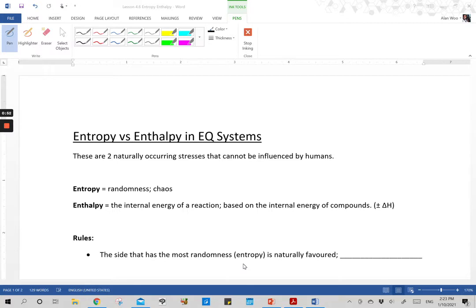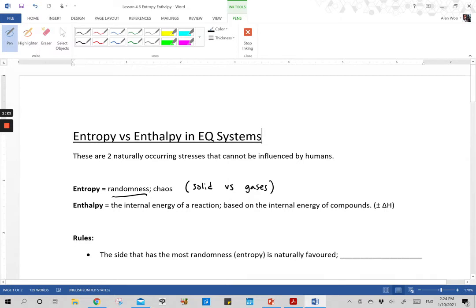Now, just as a recap, entropy means randomness, or chaos. So if you think about things like solids versus gases, solids have more of a structure, so they're more organized.